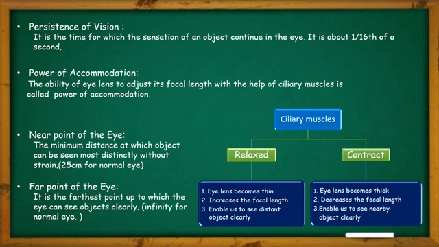This distance is infinity for the normal human eye, meaning the normal human eye can see objects placed at infinity also. This is the farthest point up to which a human eye can visualize objects clearly.